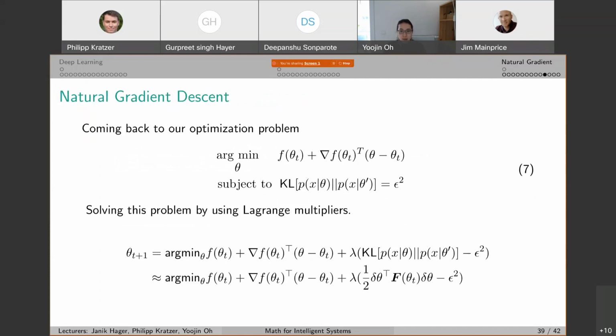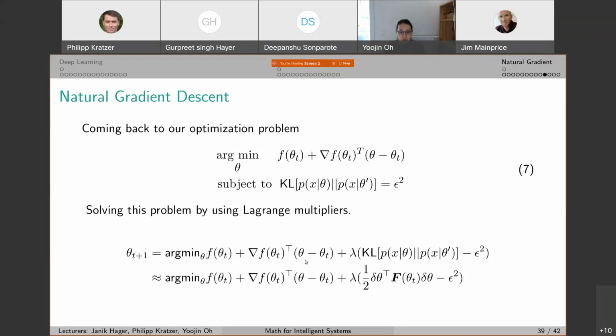So coming back to our optimization problem, where we want to find the parameters that minimize this function f, when this function is a probability distribution function, we can express it as minimizing the first order linear approximation of the function, subject to taking small steps in the distribution space. And how do we measure that in the distribution space? That would be the KL divergence.